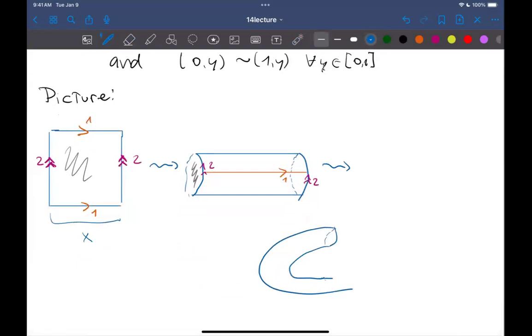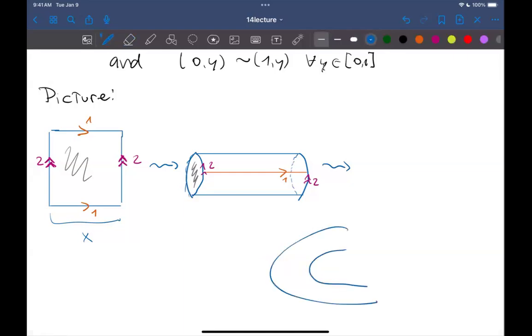Let me make something better. So outer part, inner part. Here's my one. But at the end of the day, I do need to identify these two guys here. So I need to keep going.